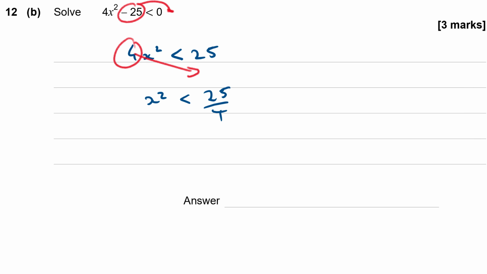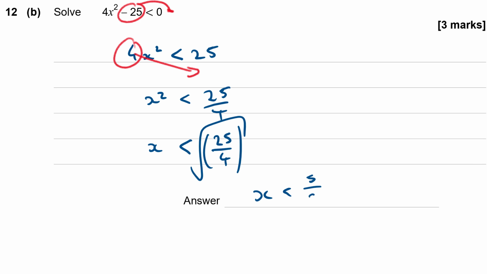I'm just going to leave it like that for now because I've just noticed I need to square root next. So taking the square root of both sides. It's handy to leave it like that because they're both square numbers. So finding the square root then of 25 over 4 means that x is less than 5 over 2.